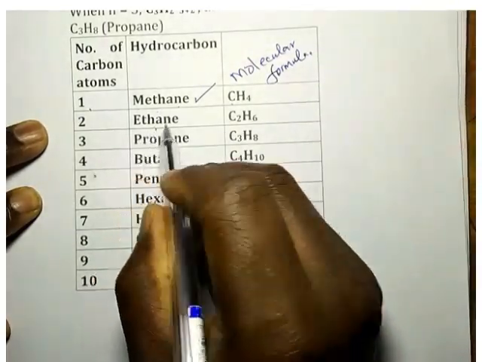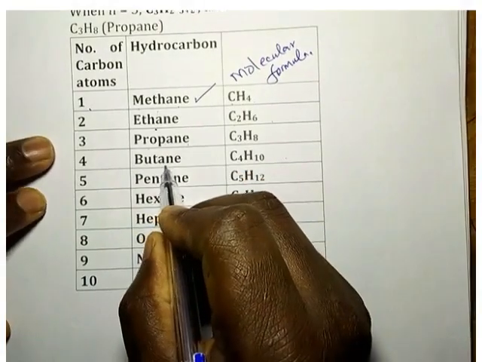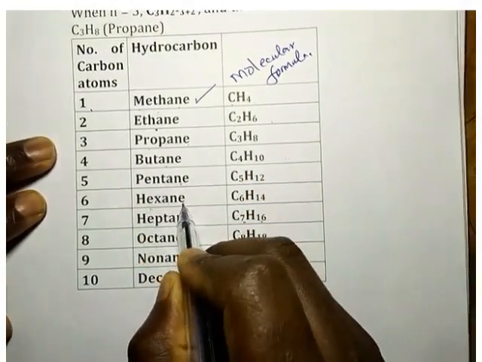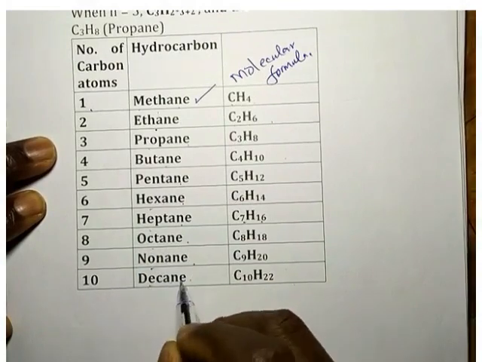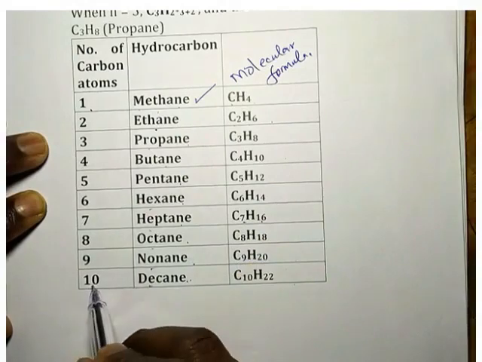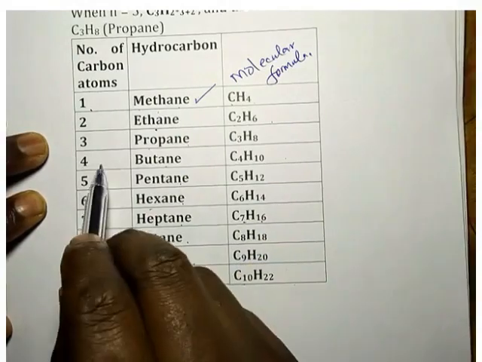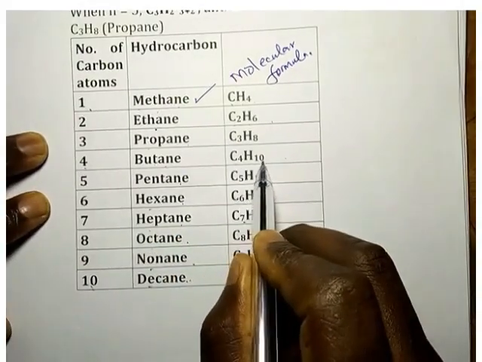Ethane is C2H6. Propane is the third one. Then butane, pentane, hexane, heptane, octane, nonane, and decane. Decane is number 10, it has 10 carbon atoms. Butane is carbon number 4, it has 4 carbon atoms and 10 hydrogens.